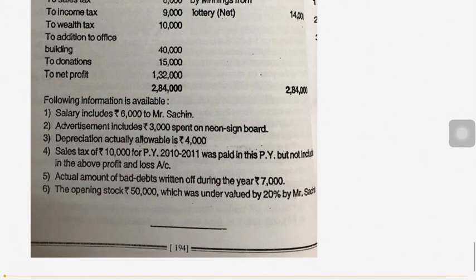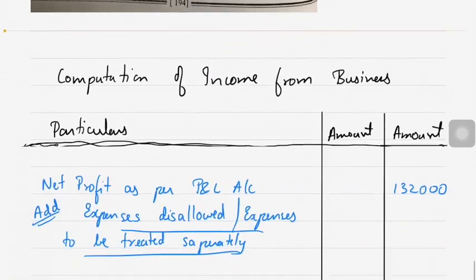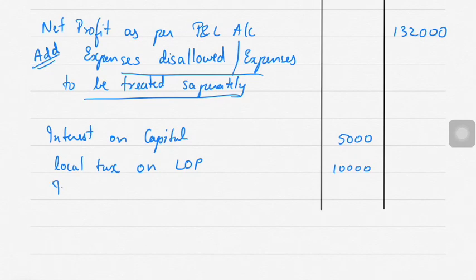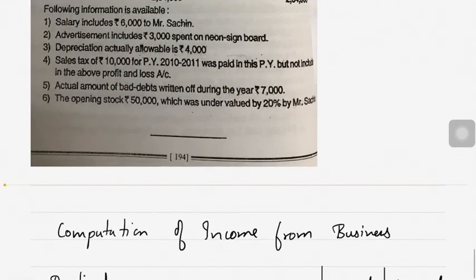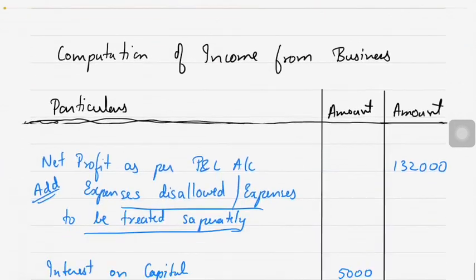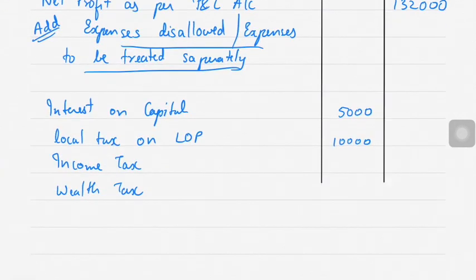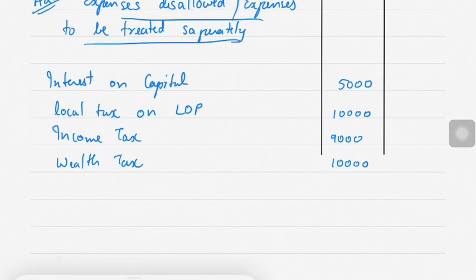To income tax 9,000. This is application of income. And to wealth tax 10,000. That is also application of income. So income tax and wealth tax, which is 9,000 and 10,000.